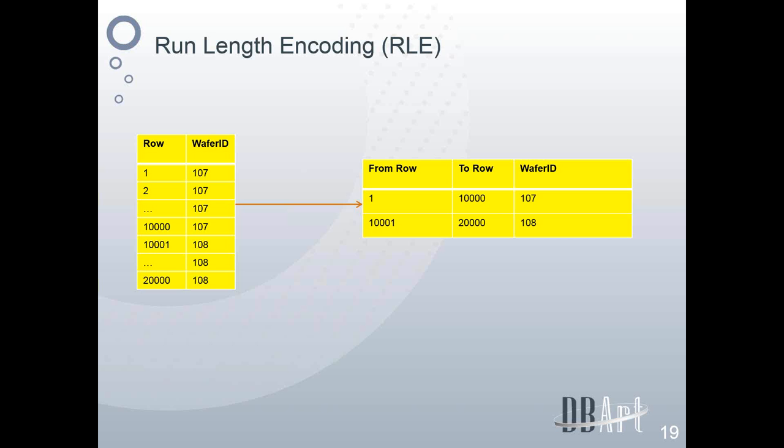Rows from 10,001 to 20,000 with wafer ID 108. So the RLE algorithm just says that from the first row to row 10,000 we have the value 107. From row 10,001 to 20,000 we have 108. So this way we can keep a million rows in a single page.